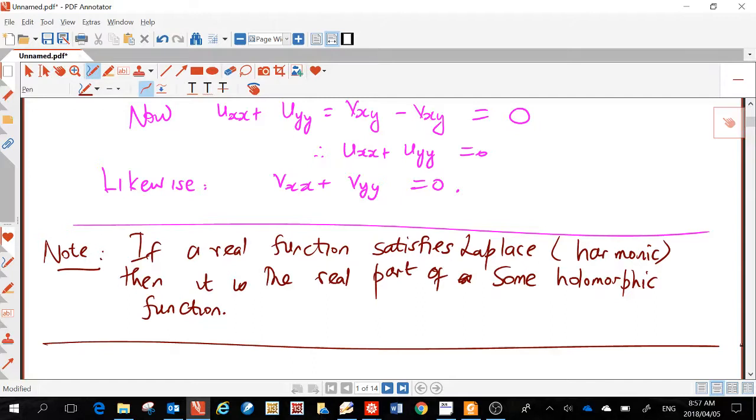So the entire function, holomorphic, means it satisfies the Cauchy-Riemann equations: ux equals vy, uy equals minus vx. Holomorphic means it satisfies the Cauchy-Riemann equations.